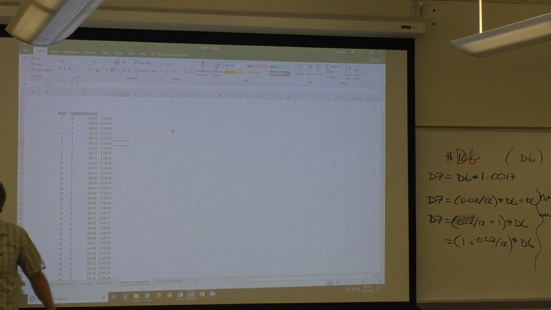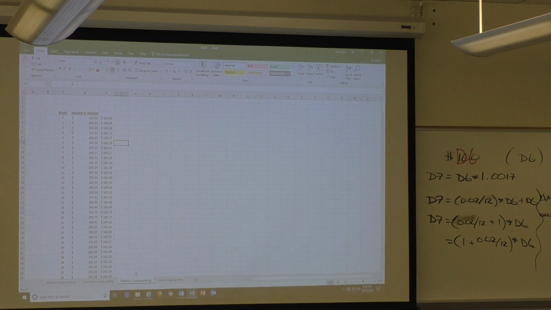Okay, so there's your weekly. Daily, same thing, except you start with $100, and then you multiply the $100 times 1 plus 0.02 divided by 365. Drag that down. Hopefully these numbers look like the numbers you're getting.